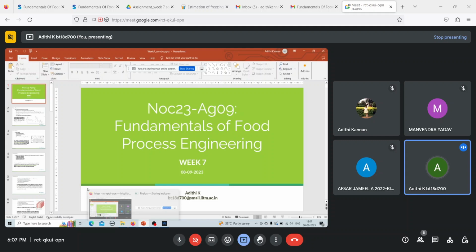Assume the density of the unfrozen fish as 1050 kg per meter cube. The thermal conductivity of the fish is 1.025 watt per meter Kelvin, which is k. Latent heat of fusion, lambda, is 335 kilojoule per kg. And the shape factors for an infinite slab, which is the same as the cube when you're looking at a slab, are P equal to 1/2 and R equal to 1/8.